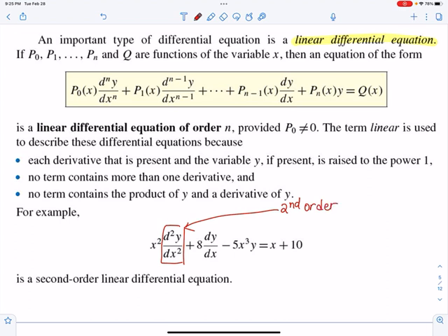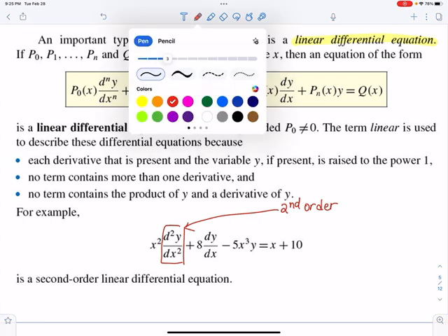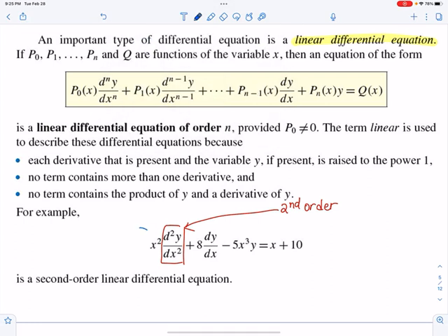And because it is a second order, that will help us determine the degree. So we look at the x power, and then the degree of the differential equation is a 2.